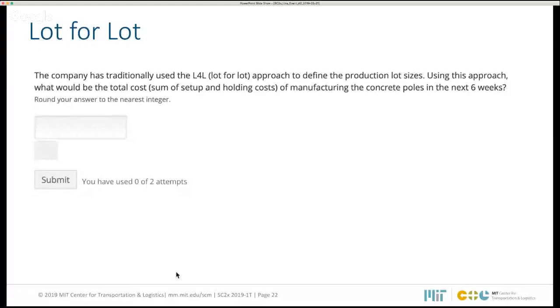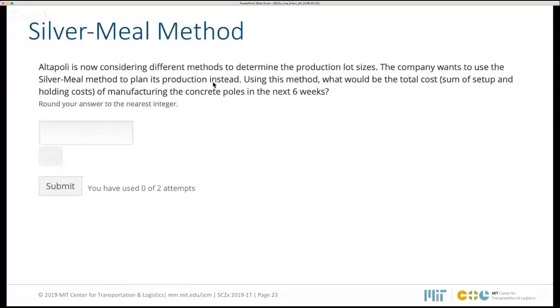I'm going to switch back to the PowerPoint. So the next part basically says that Elta is now considering different methods to determine the production lot sizes. The company wants to use a Silver-Meal method to plan its production instead.